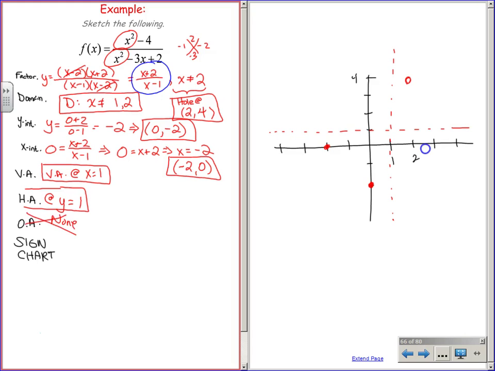Forget that guy. Sign chart. What did I write down in the sign chart category? Make a table using what values? Yeah, the special x's. And I think I even put it in our notes.